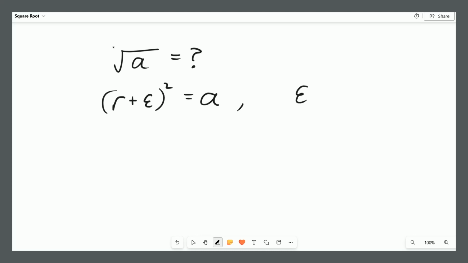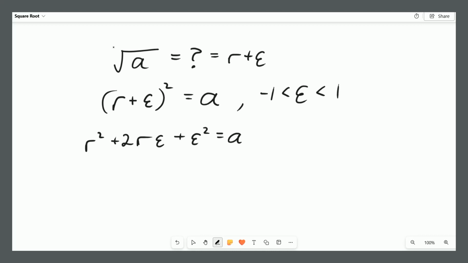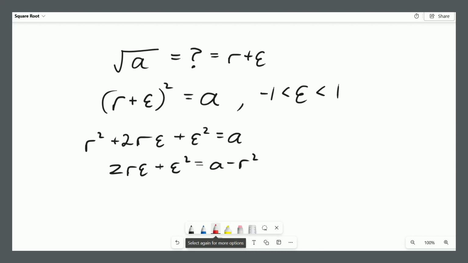So we'll actually define epsilon as being between -1 and 1. Okay? So expanding these brackets, we get r² plus 2r epsilon plus epsilon² equals a. 2r epsilon plus epsilon² equals a minus r². And epsilon² is approximately 0, so we cancel it out.